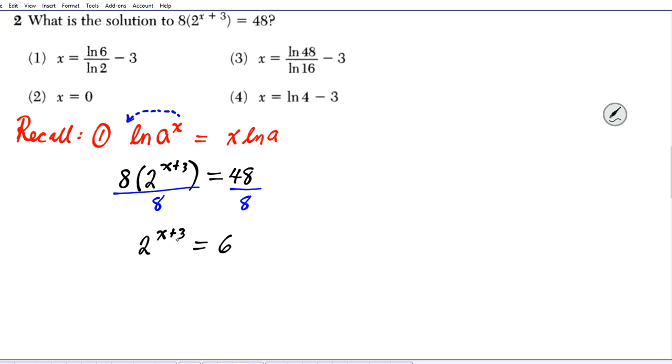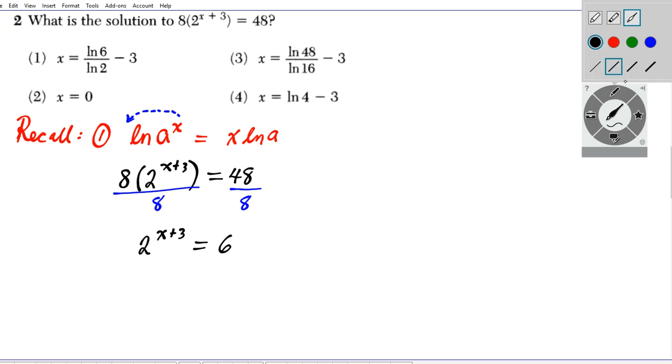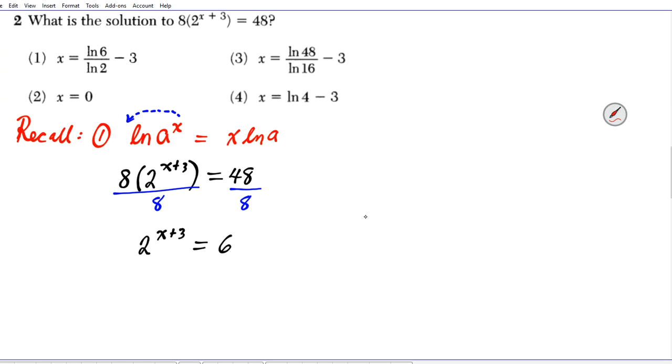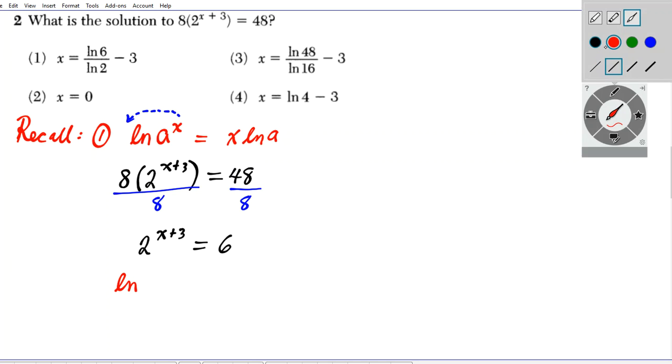So we take the natural logarithm of both sides of the equation. On the left side, the natural logarithm of 2 raised to the x plus 3, and on the right side, the natural logarithm of 6.